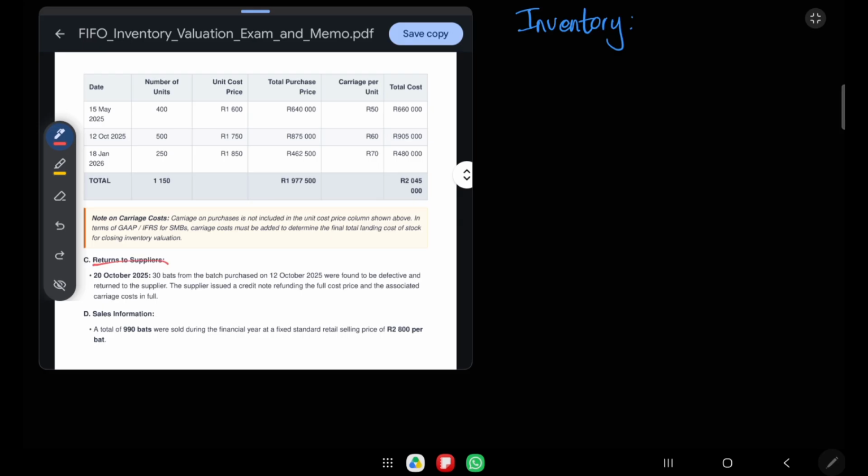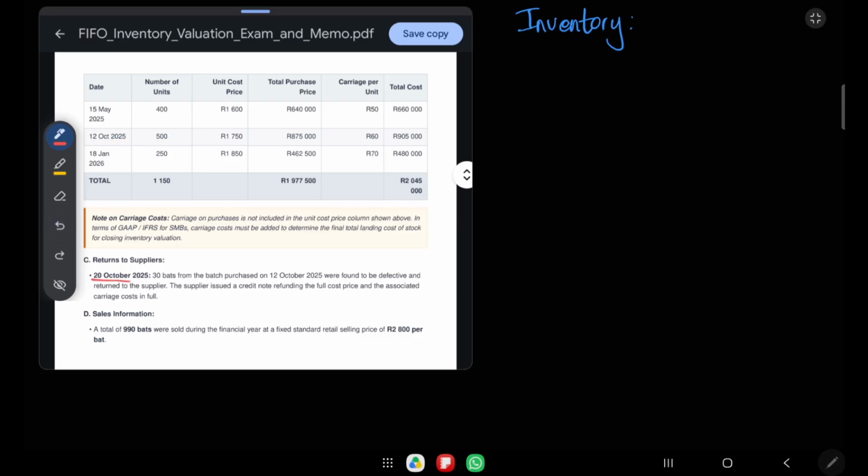Let's move to C, returns to suppliers. It says, on the 20th of October 2025, 30 bats from the batch purchased on 12 October 2025 were found to be defective and returned to the supplier. The supplier issued a credit note refunding the full cost price and the associated carriage costs in full. So on the 12th of October, we purchased 500 units.